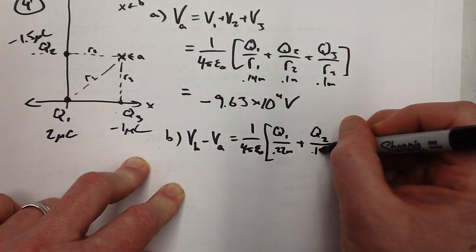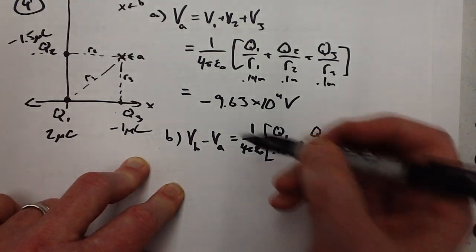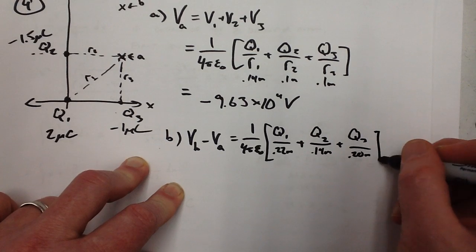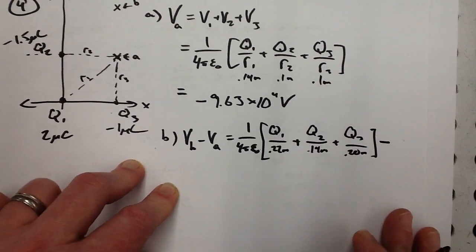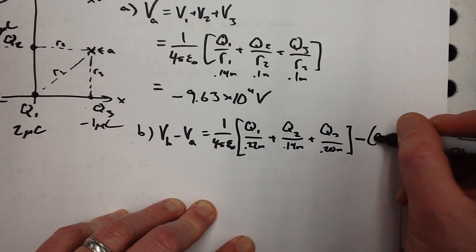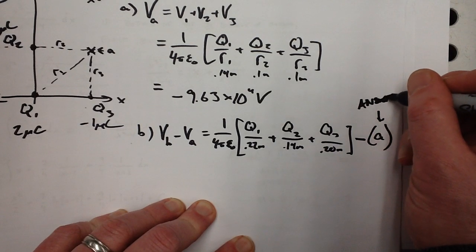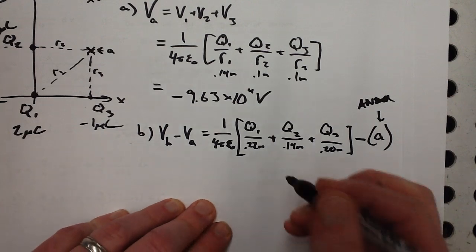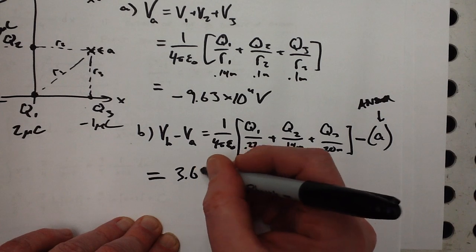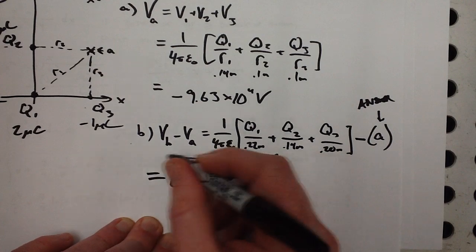That was that 0.14 that we saw there, plus Q3 over, well, that's a straight up 0.2 of a meter there, and then minus the answer we got from part A. Minus that right there. So that should give you 3.68 times 10 to the 4th volts there.